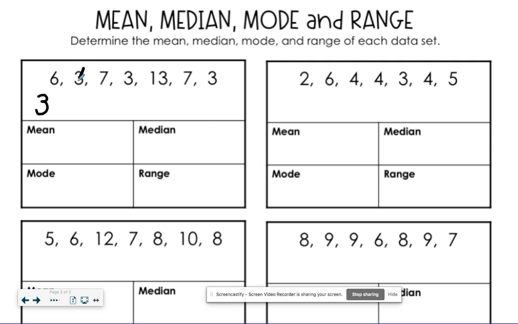As I do this, I like to cross out the numbers as I use them so that I can put them in order and not repeat myself on any of the numbers. So I have a 3, a 3, a 3, and I crossed all those out. I have a 6, a 7, and another 7, and a 13.